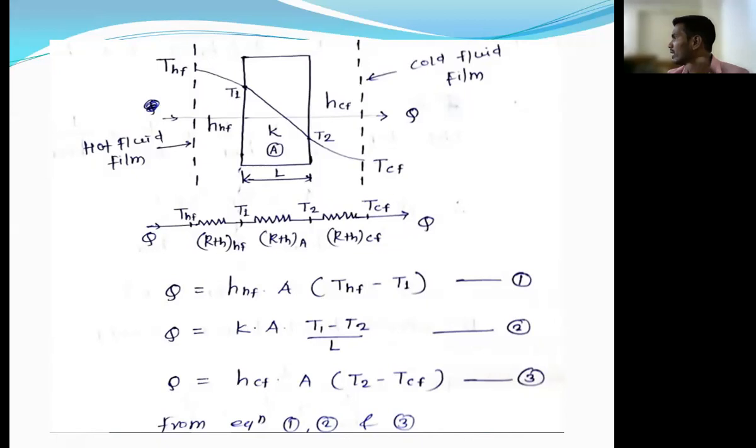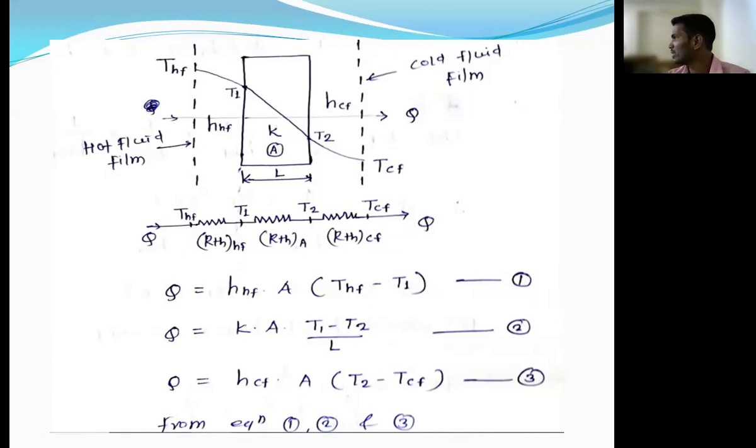We know, what is the equation of the convection? Can anyone tell me what is the equation of the convection? We saw the convection equation in the beginning, Newton's law of cooling, Q is equal to H into A into TS minus TA. Okay, that H is the heat transfer coefficient. So in this case, this HHF is nothing but the heat transfer coefficient of the hot fluid, and this HCF is nothing but the heat transfer coefficient of the cold fluid.